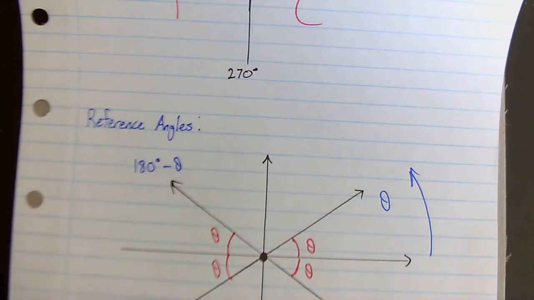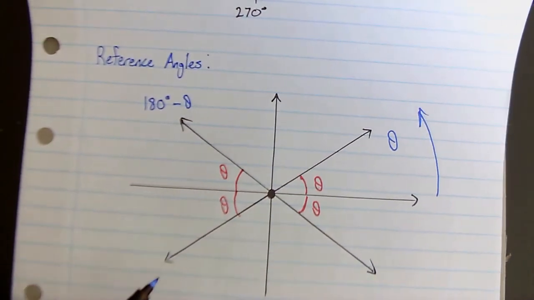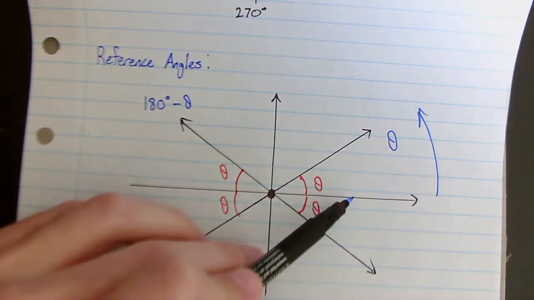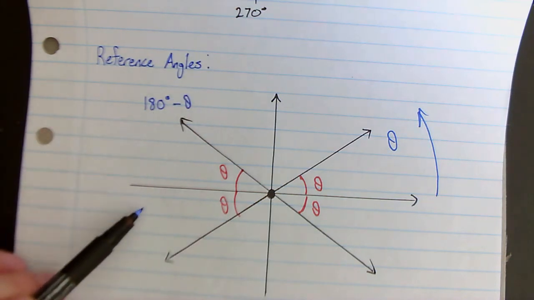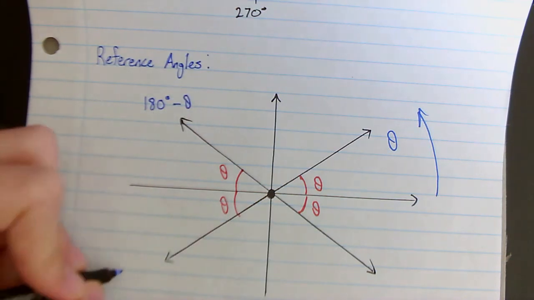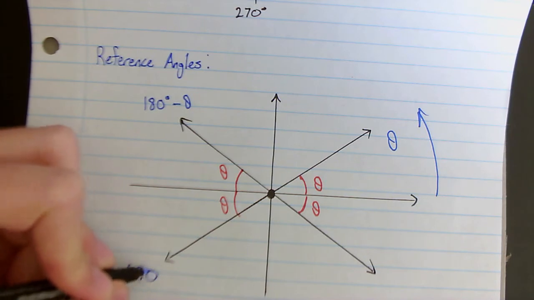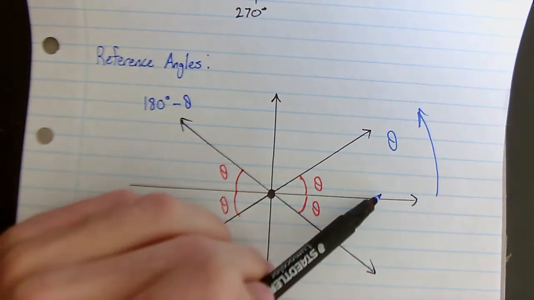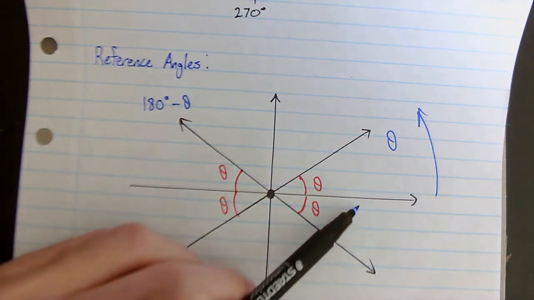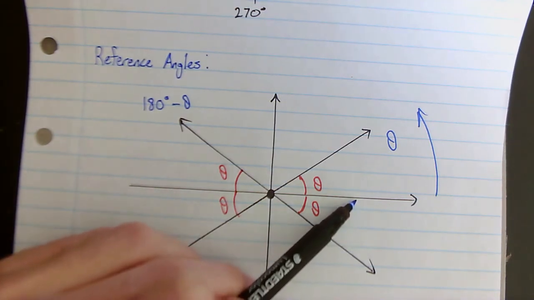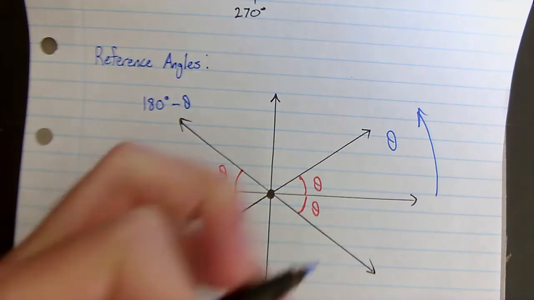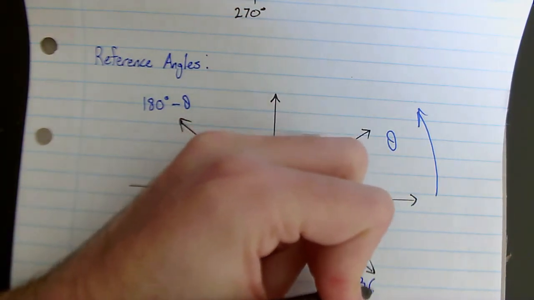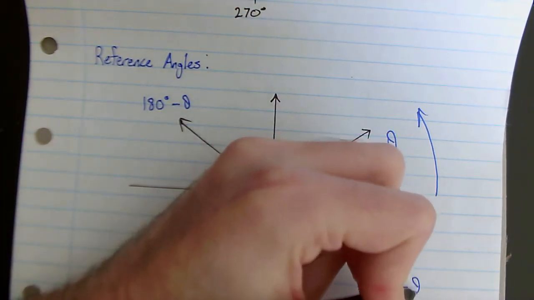By a similar argument, we can define this one over here by 180 degrees plus that extra theta. So this is 180 plus theta. And this one over here in the fourth quadrant is going to be defined as 360 degrees, so go all around the circle, minus theta. So it's going to be 360 degrees minus theta.